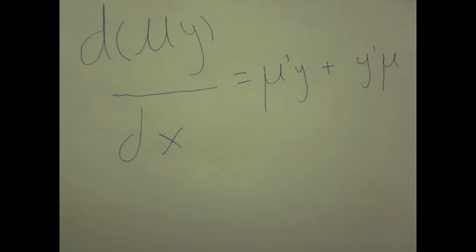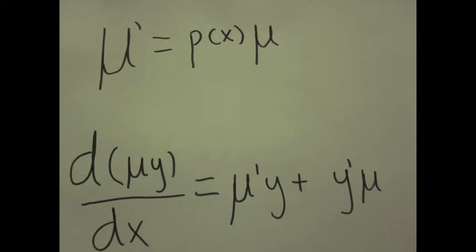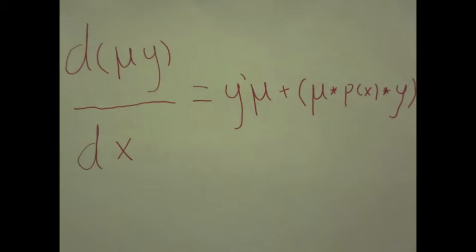So we're going to take the derivative, and we have to use the product rule. So that would be mu prime times y plus y prime times mu. And we know mu prime is p of x mu, so we can use substitution, so that the derivative of mu times y is y prime mu plus mu times p of x times y.